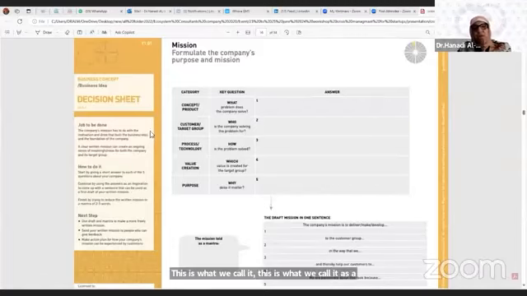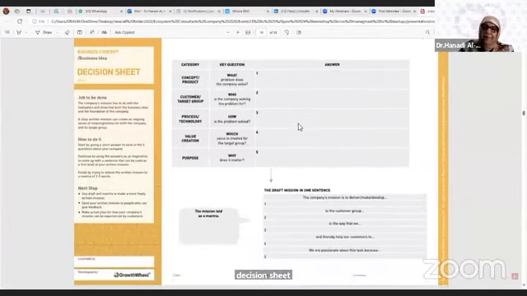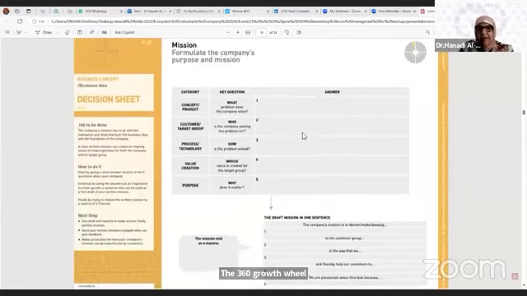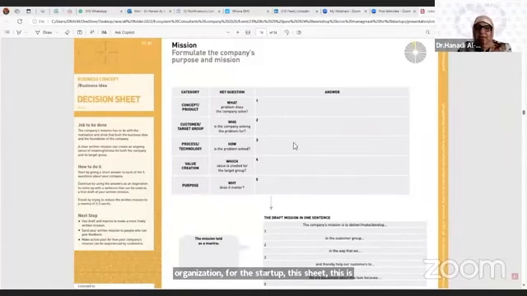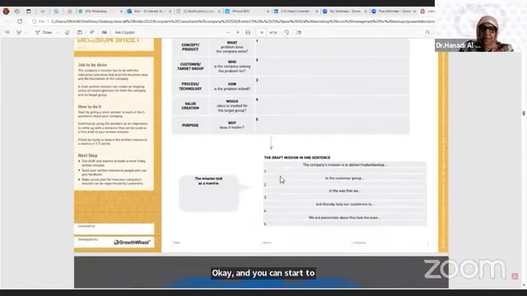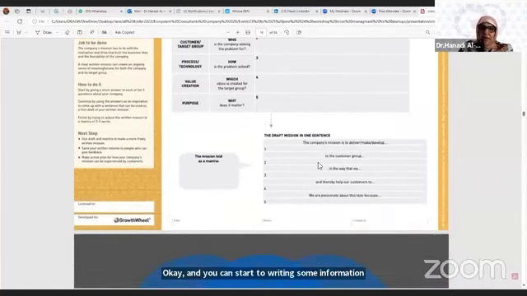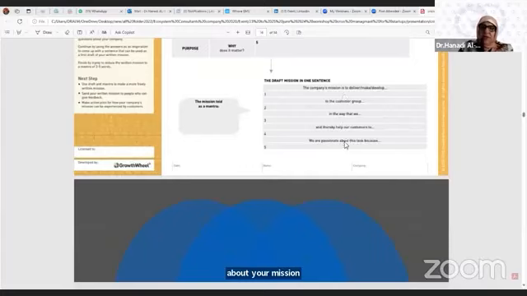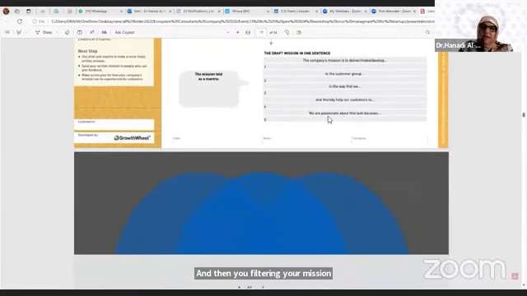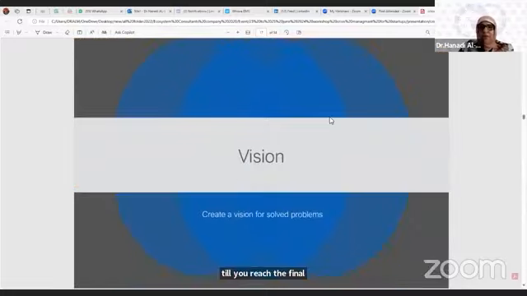The 360 Growth Wheel offers it to the client, the organization, the startup. In this sheet, you can write your mission and start writing some information about it, and then you filter your mission until you reach the final destination for your own mission.